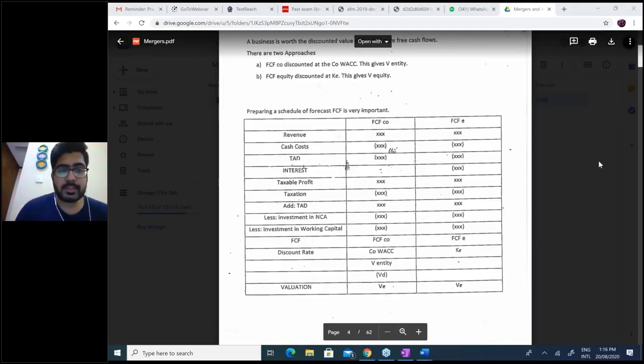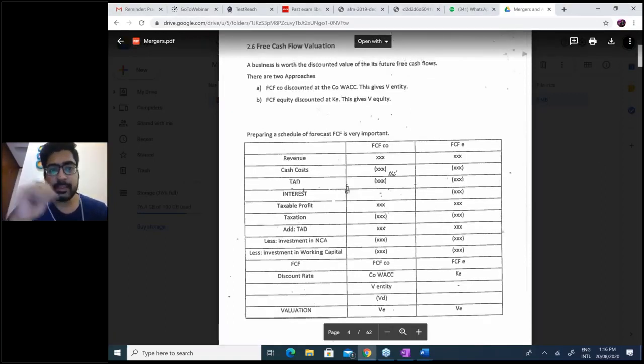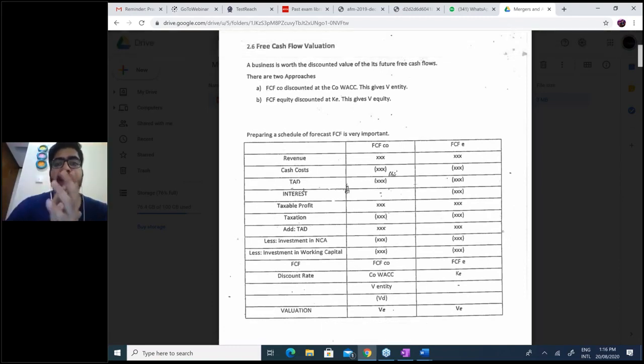So what does this FCF method say? The FCF method states a business is worth the discounted value of its future free cash flows. Okay, this method believes business worth is equal to the future free cash flows it generates.